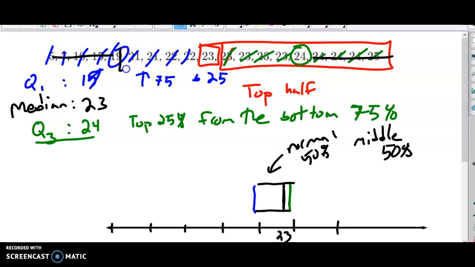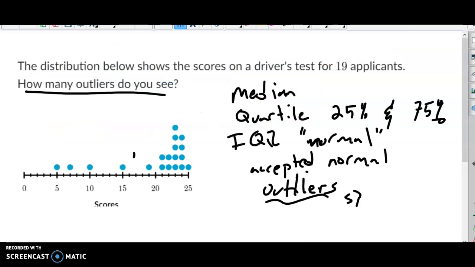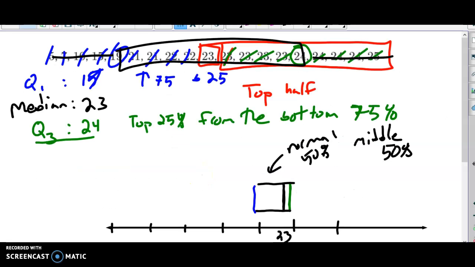And so this then is 50%, my middle 50%. That's the most common. Commonly, we can see it in here with my cluster, with my group. Commonly, I'm between 19 and 24. That's what's common.